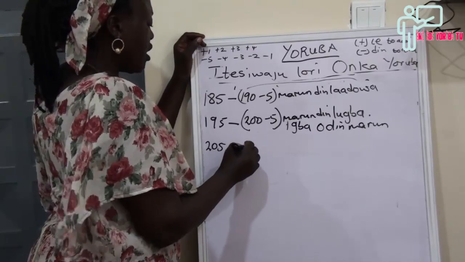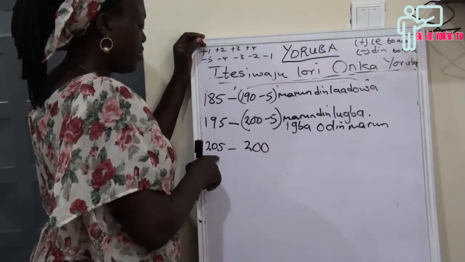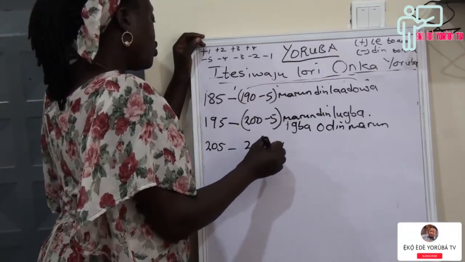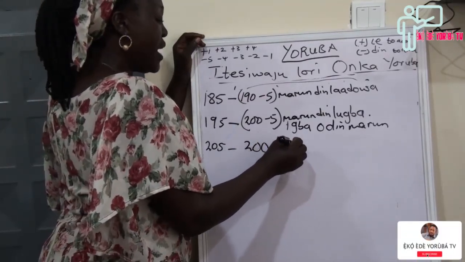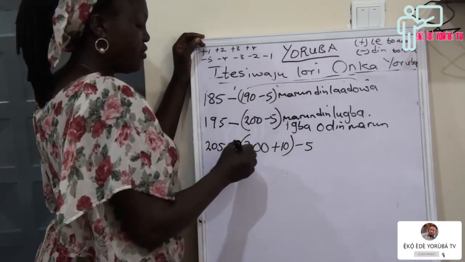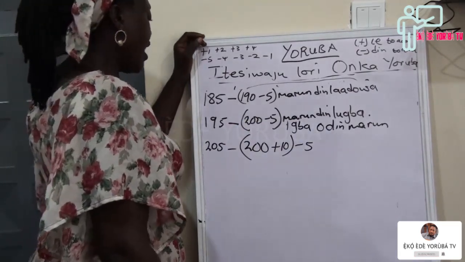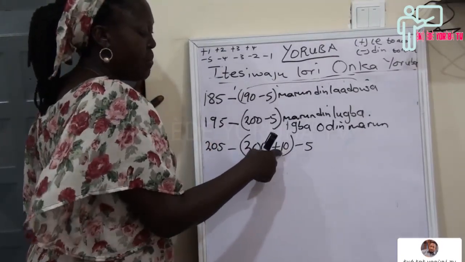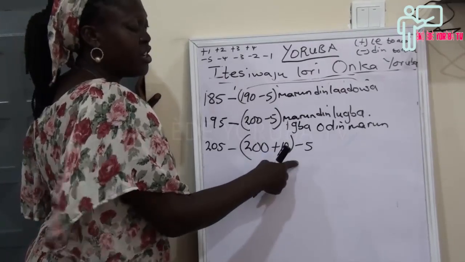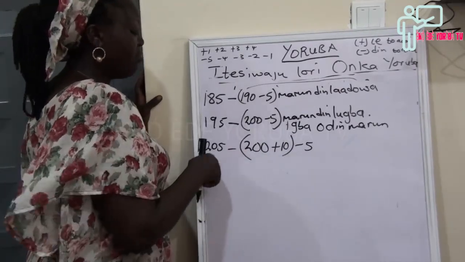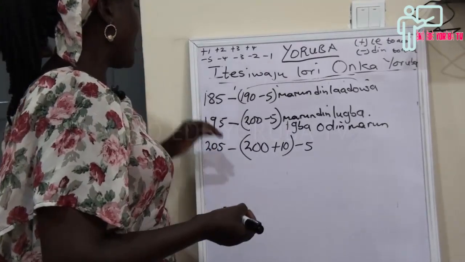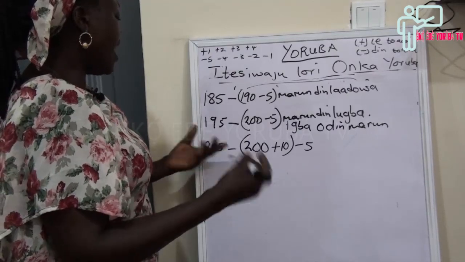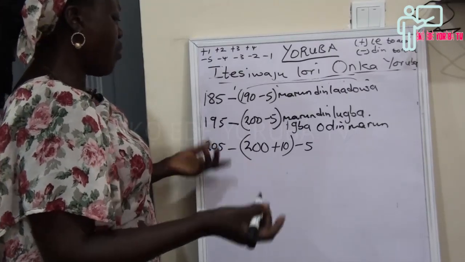So we can also say 200 minus 10. 200 plus 10 minus 5. So we can say mẹ́wàálélúgba ó dín márùn-ún. Mẹ́wàálélúgba ó dín márùn-ún. So far we said that anything starting from 5, you cannot just say márùndínmẹ́wàá.